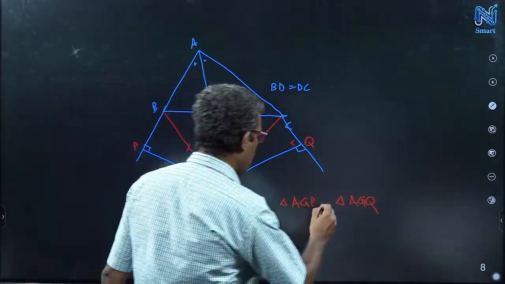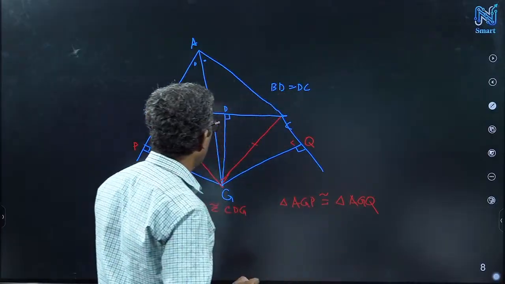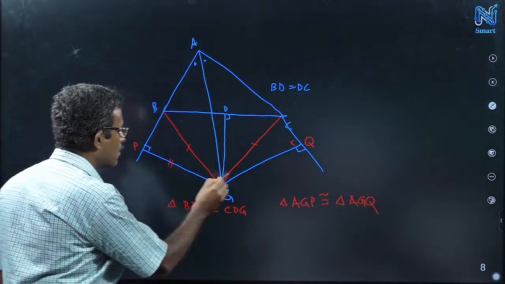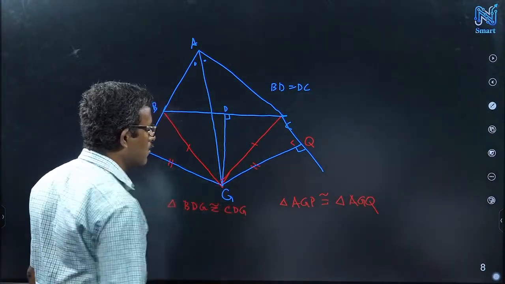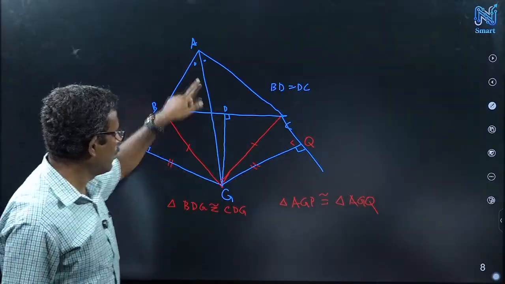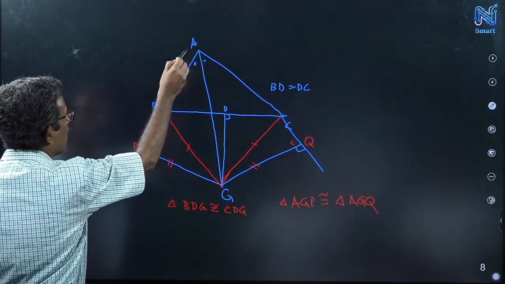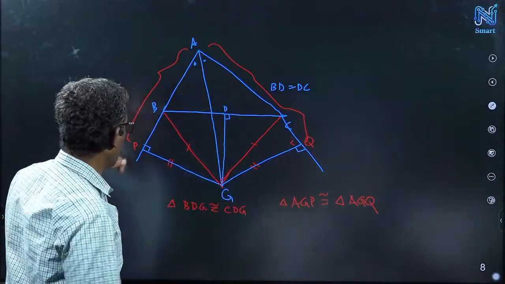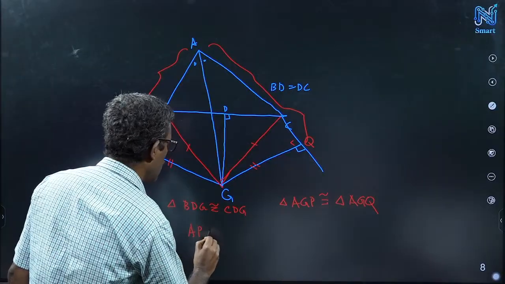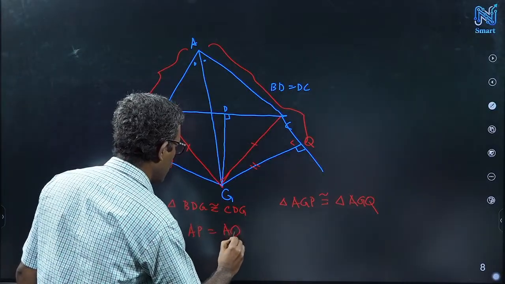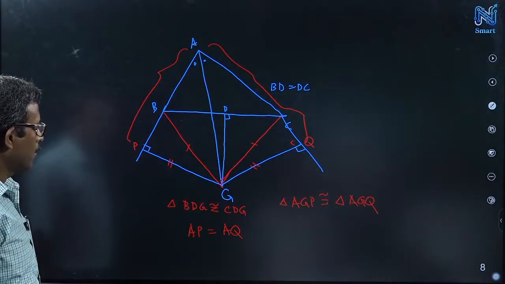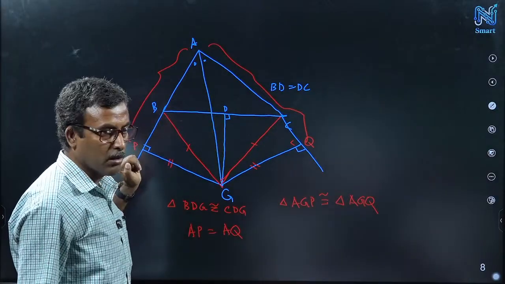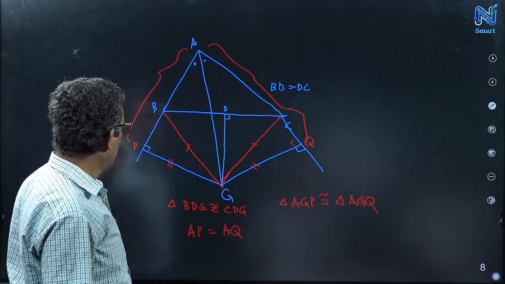So these two are again congruent, right? Since they are congruent, PG equals QG, and AP equals AQ, because APG and AQG are congruent, right?